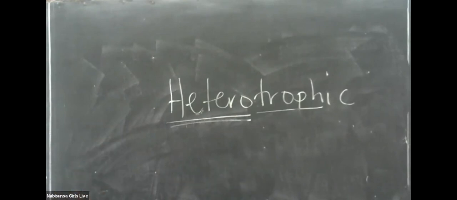Heterotrophic nutrition is a process where organisms feed on already made or manufactured food by other organisms. Don't say these are organisms, or that this is a type of nutrition where organisms cannot manufacture. No, a process where organisms feed or depend on already manufactured food by other organisms.